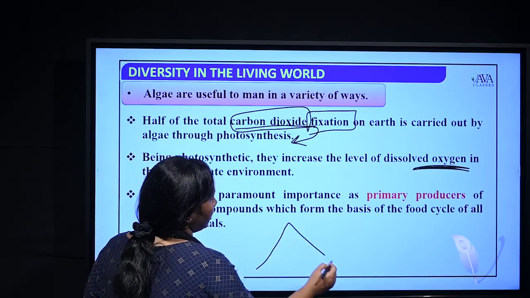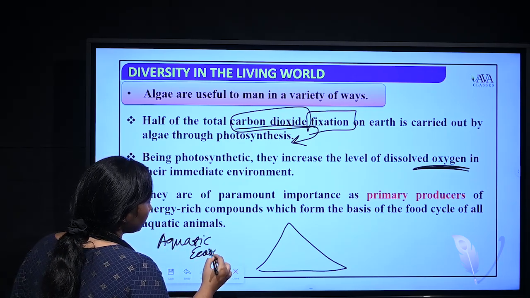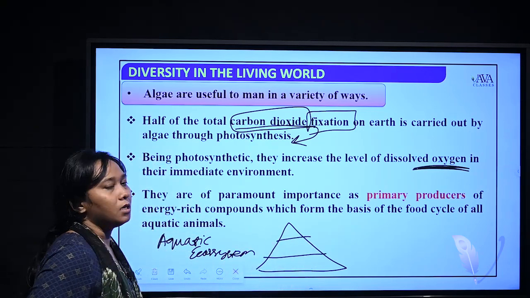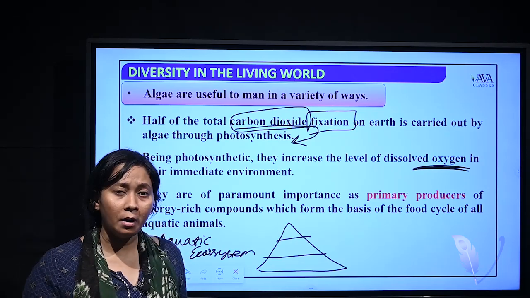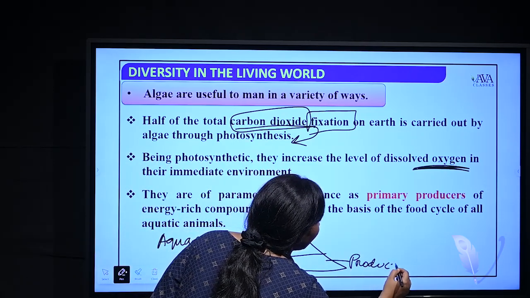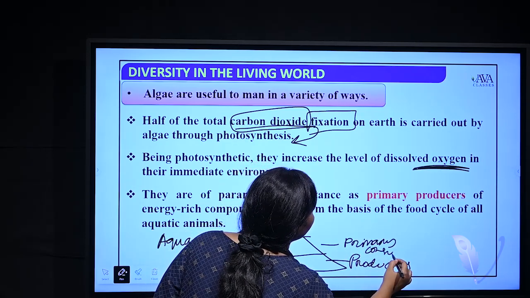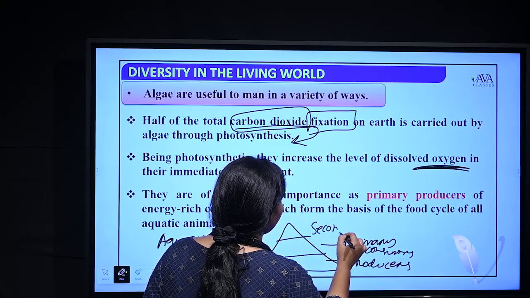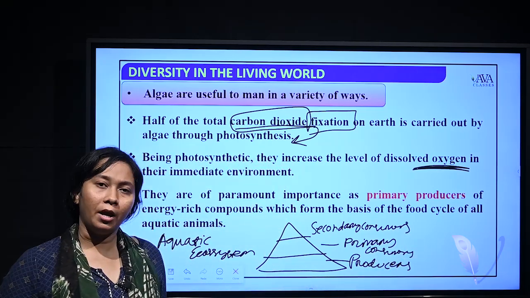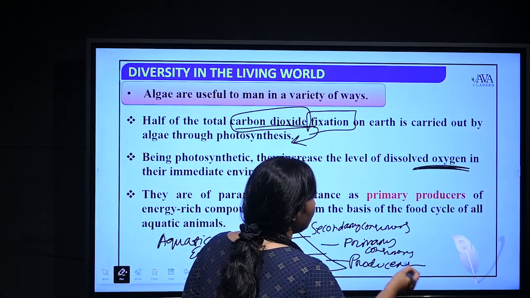Whenever we study about the aquatic ecosystem, whether it is land or aquatic, plants are the main producers. There we study three categories: producers, primary consumers, and secondary consumers. So in the aquatic ecosystem also, producers are plants or algae.